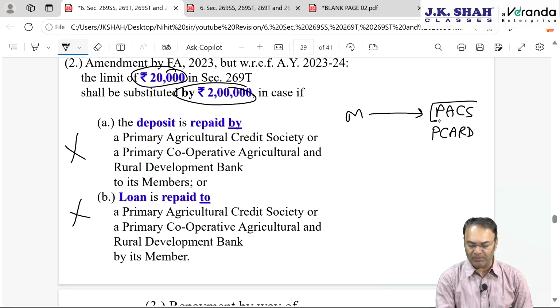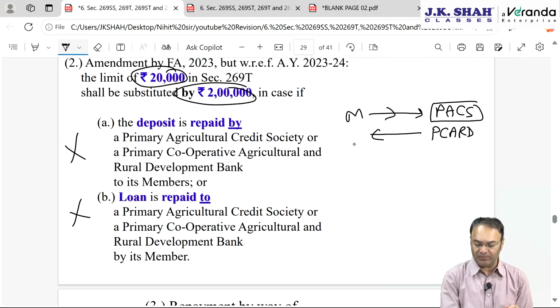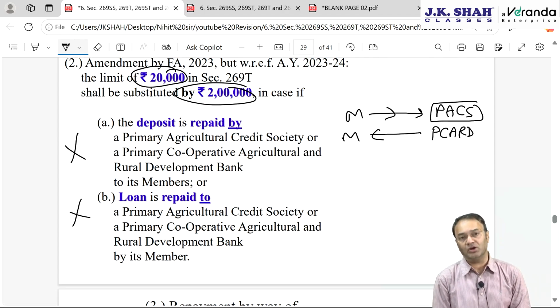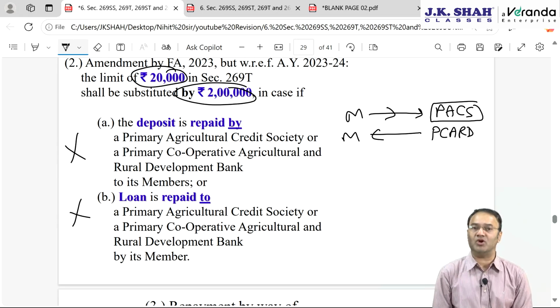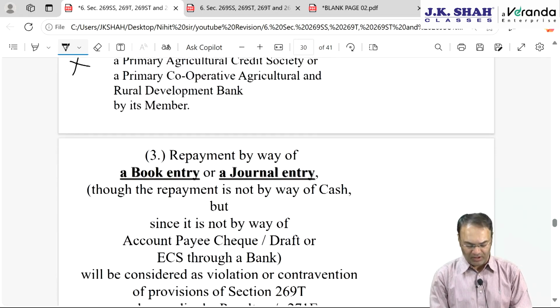Member repaying back to a Primary Agricultural Credit Society or Primary Cooperative Agricultural and Rural Development Bank, P-card, or these institutions repaying back to the member for a deposit put by the member, then the limit will be 2 lakh rupees instead of 20,000. I am not saying the section will not apply, the section will apply but with a modified limit.